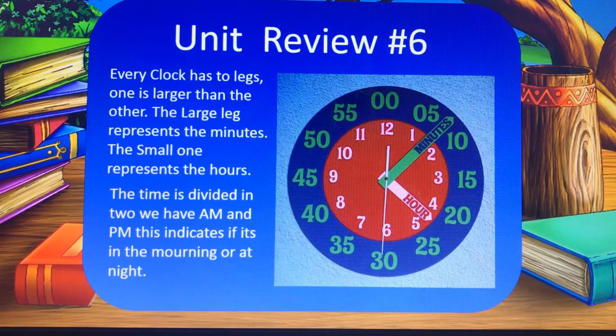The large leg represents the minutes. The small one represents the hours. The time is divided in two. We have AM and PM. This indicates if it's in the morning or at night. So, AM equals morning and PM represents at night or the afternoon.